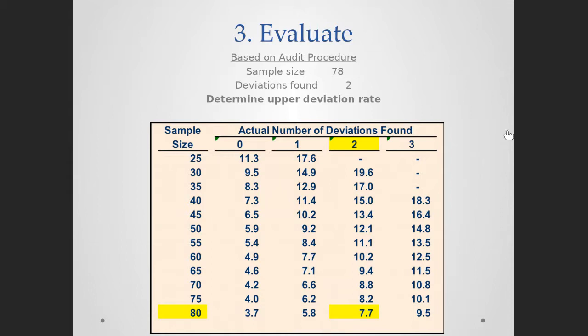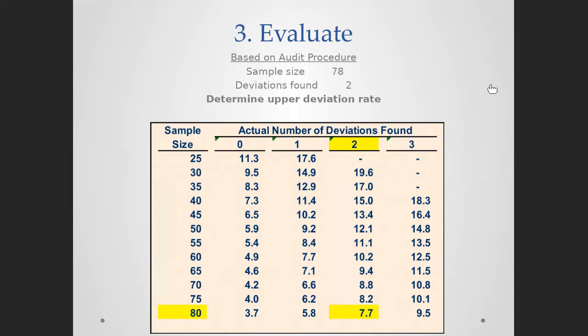Now, 2 out of 78, what is the deviation rate? What is the actual deviation rate? 2 out of 78, what percentage is the deviation? Can you do the calculation? 2.6.